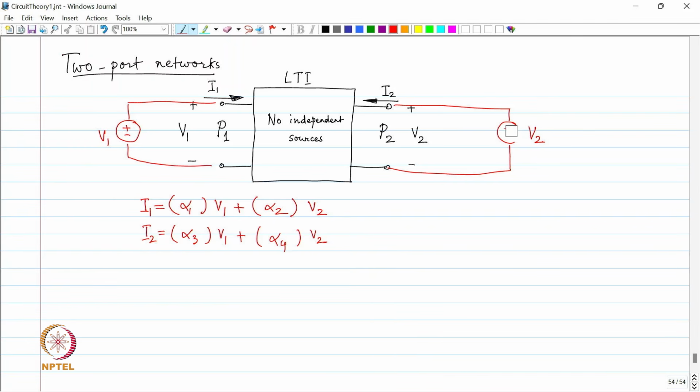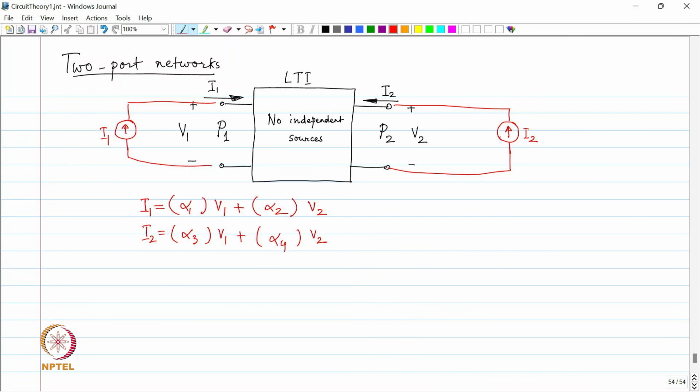Another possibility would be that let us not put V1 and V2, let us have a current source at port 2 and a current source at port 1. We could do this also. There are many ways to play with this 2 port network.